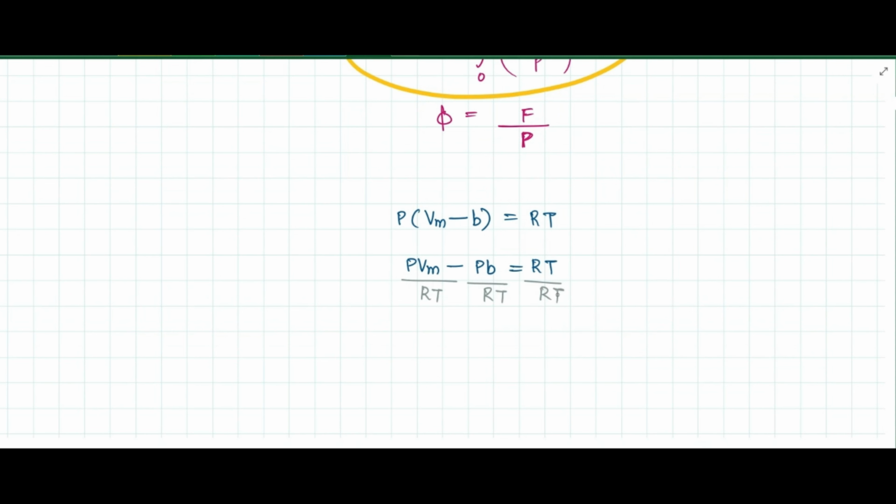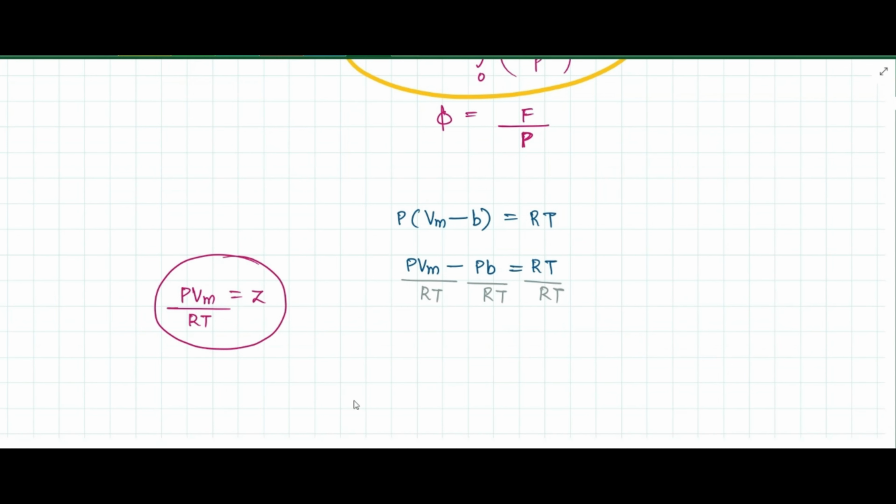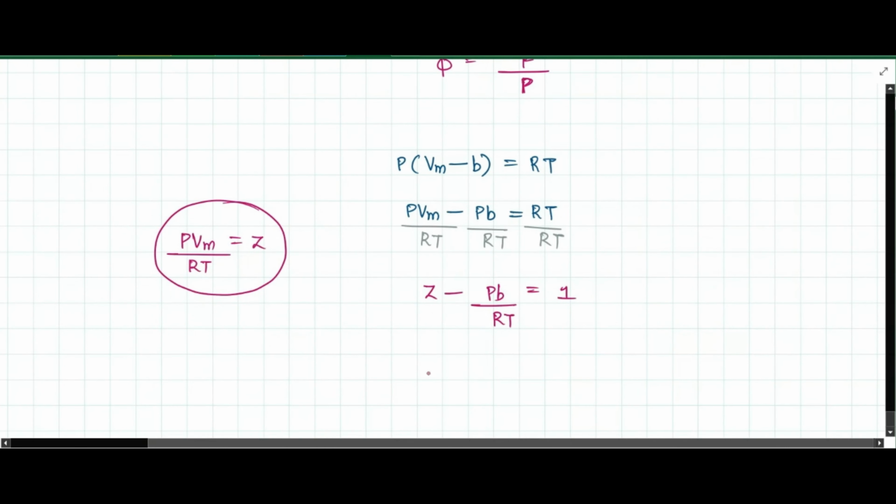PVm by RT is represented by the compressibility factor Z. So I have Z minus PB by RT is equal to RT by RT, which is 1. Rearranging, Z minus 1 is equal to PB by RT.